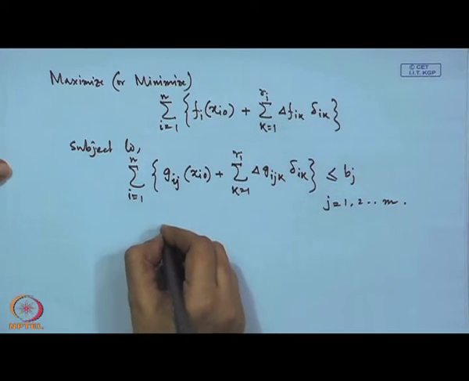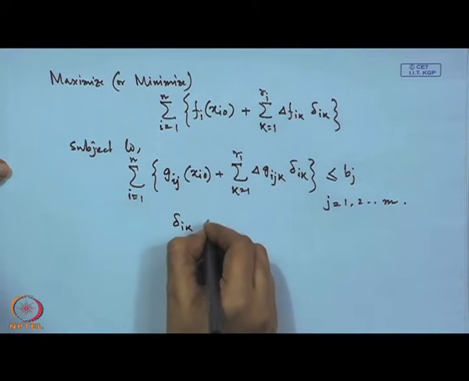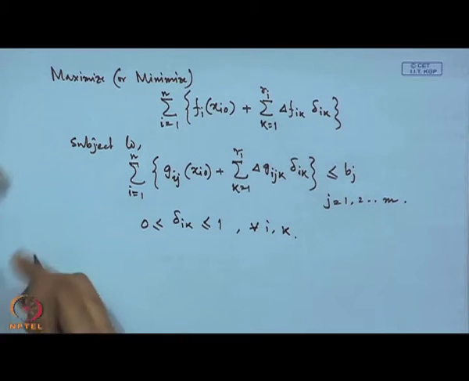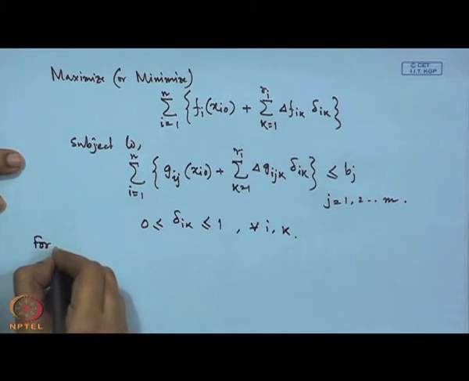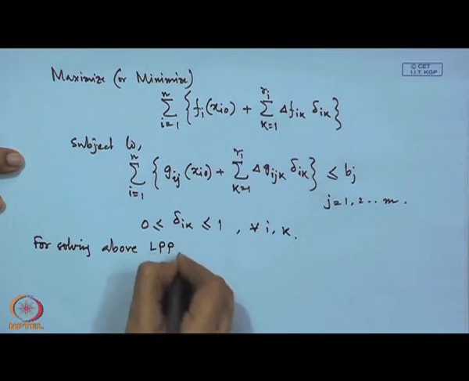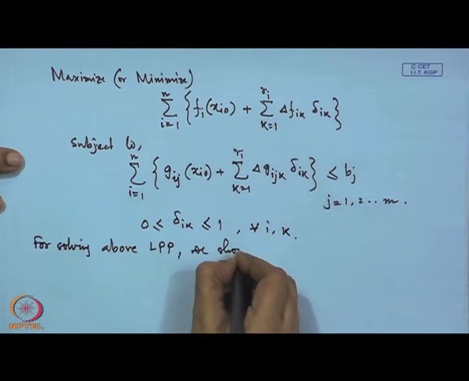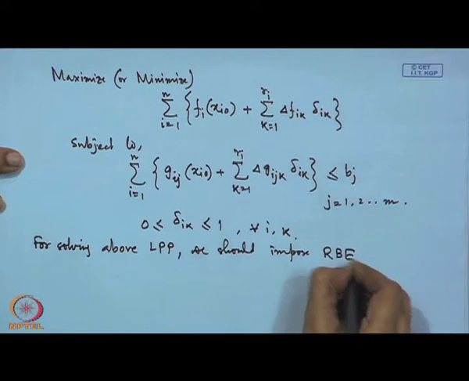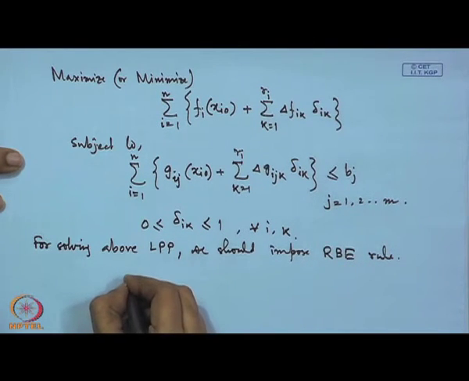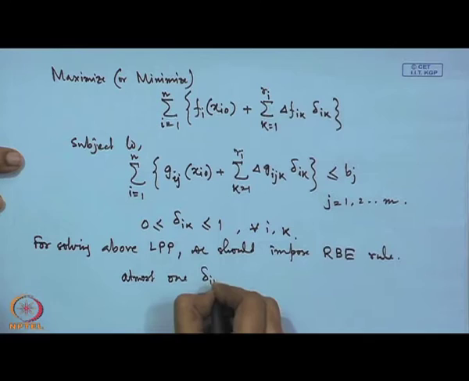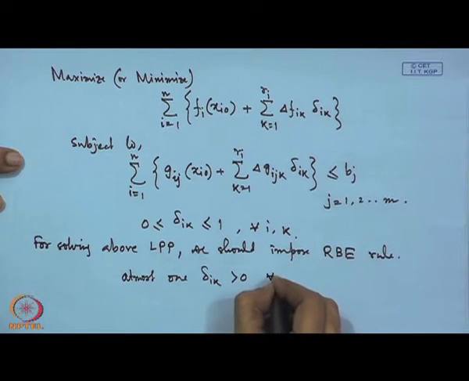Here delta ik is in between 0 to 1 for all i and k, and for solving the above linear programming problem, we should impose the restricted basis entry rule as at most one delta ik must be positive for all i.